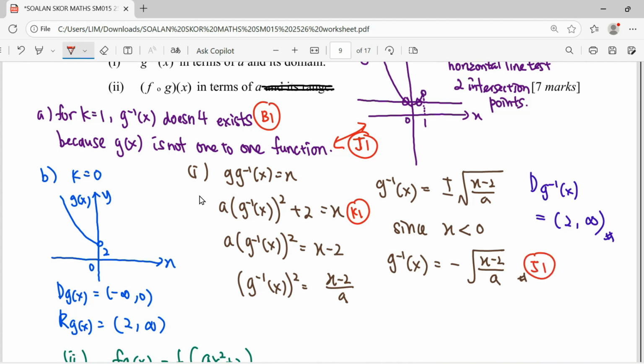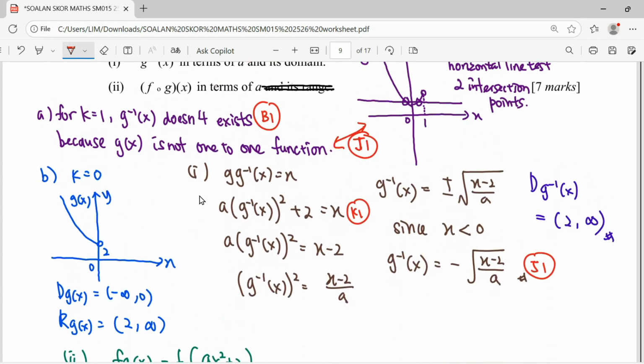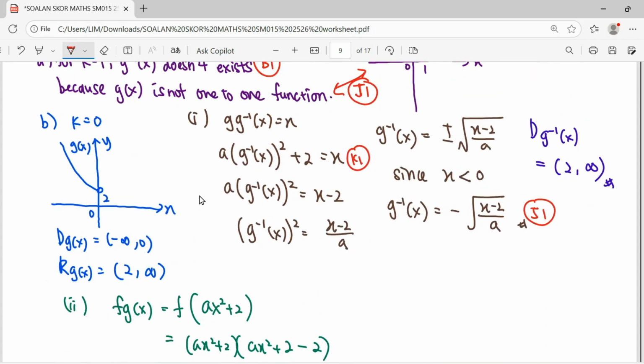Simplify to get g inverse, you get two answers, then you only take the negative part.